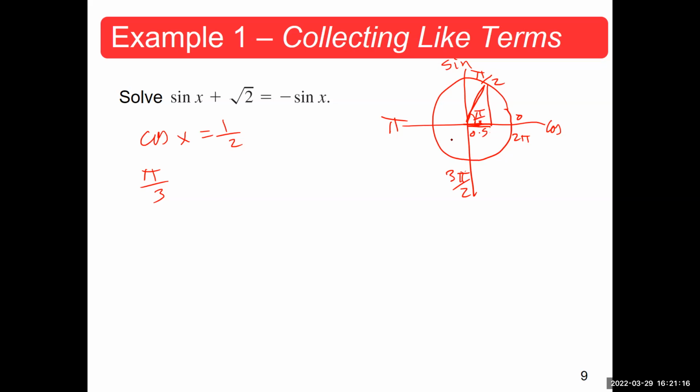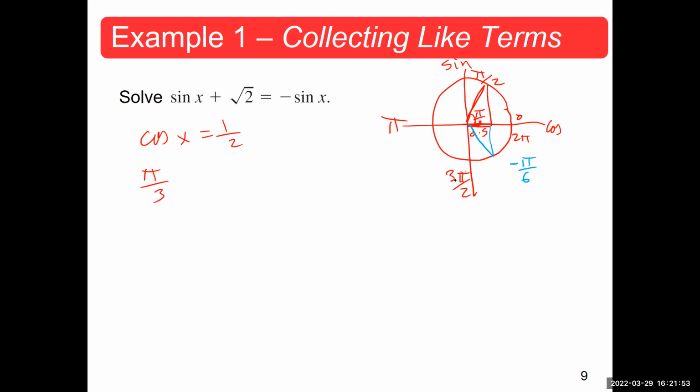What is the other angle that has the same cosine? How do you figure it out? If I go down, like we did with the other one, basically, if you want to make it simple, it is negative pi over 3, that has the same cosine as pi over 3.